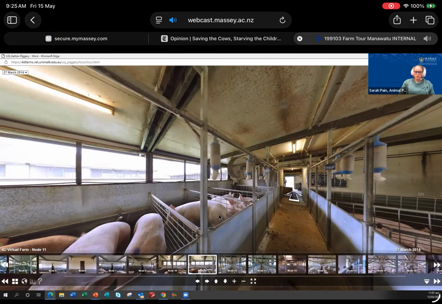If you're going to hold pigs for a bit longer, you're going to sell them as bacon. So bacon, obviously, you want them a bit bigger, a bit fatter. So baconers are sold at 140, 150 days of age, and they're probably about 85 to 90, sometimes 100 kilos.